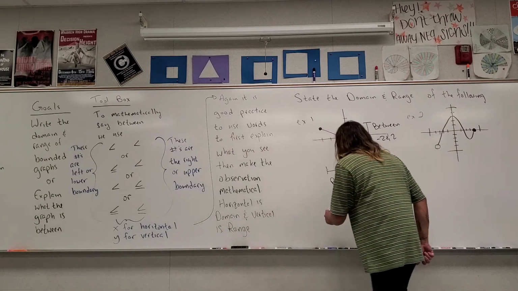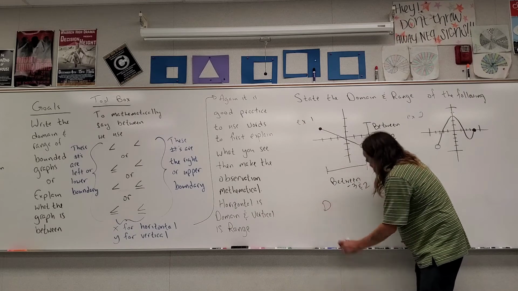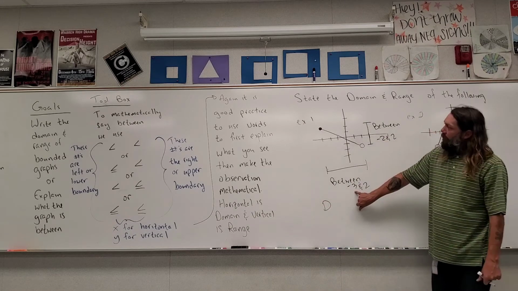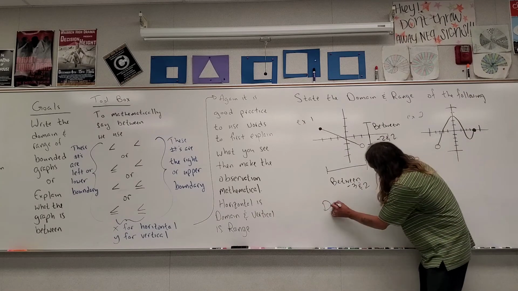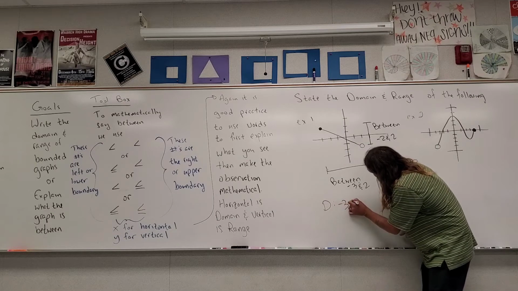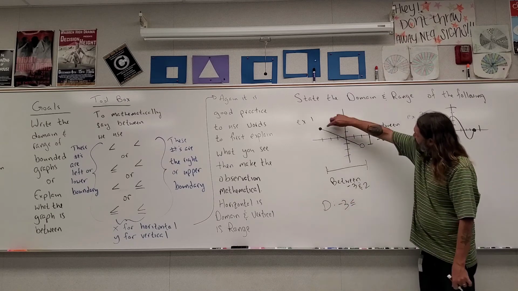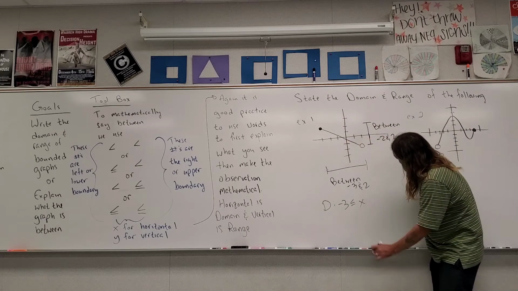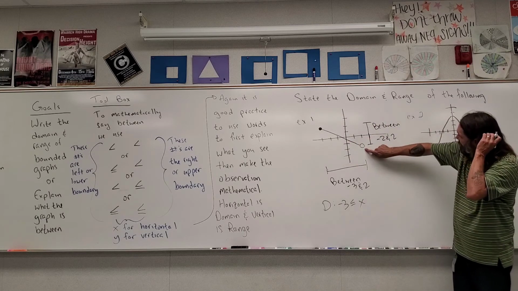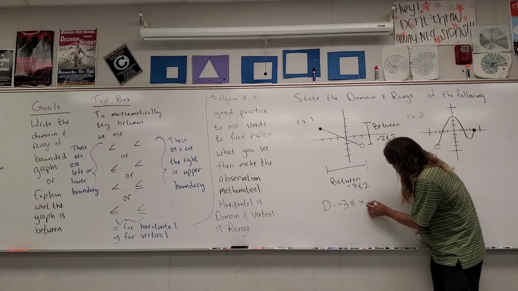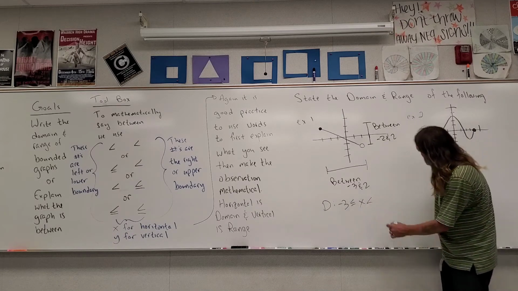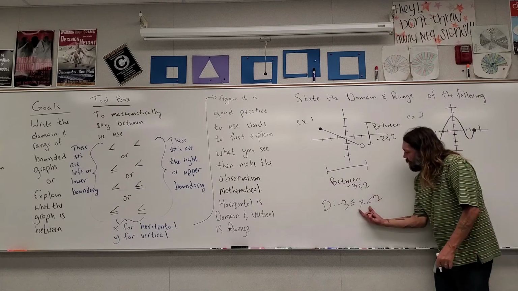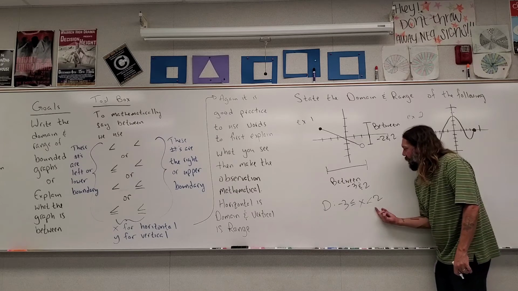So the domain, my left boundary number is -3. It's less than or equal because it's closed. I'm talking about a horizontal description, so I use X, and that's less than or equal, strictly less than 2. So I'm saying that my graph horizontally is between -3 and 2.